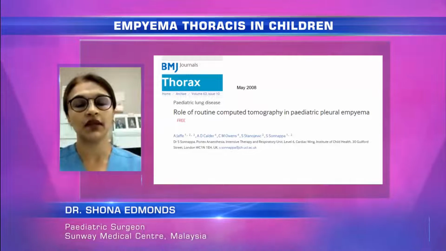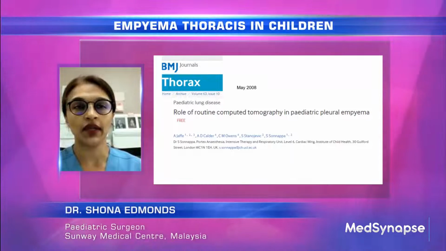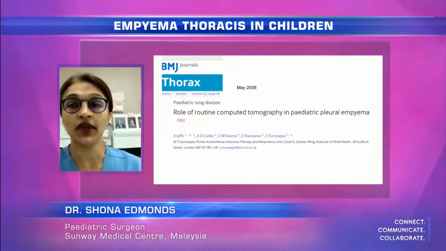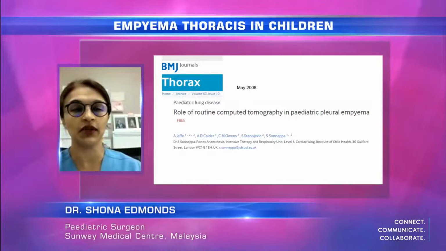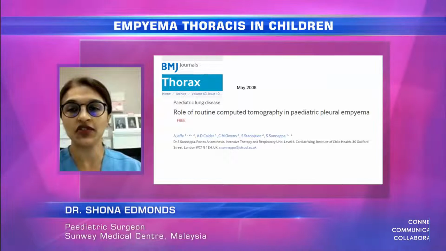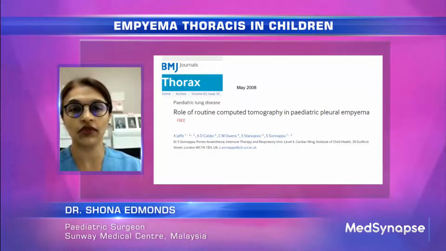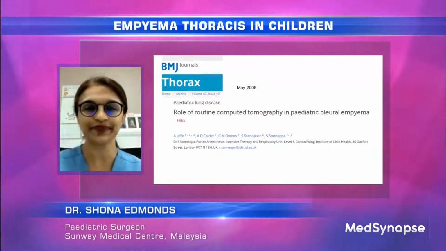this study that was published in the British Medical Journal back in May 2008. So it's some time ago, but it's a nice paper to read because this comes from Great Ormond Street Children's Hospital in the UK, and it looked at the role of routine CT scans in pediatric pleural empyemas, right?